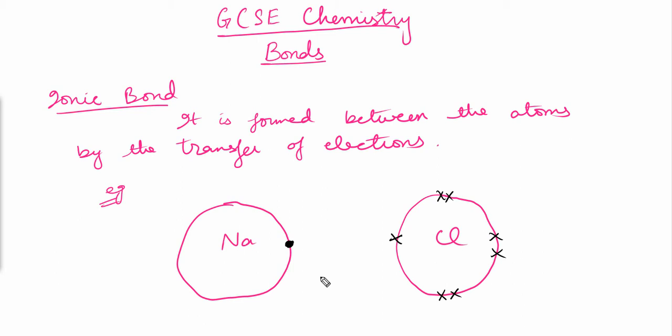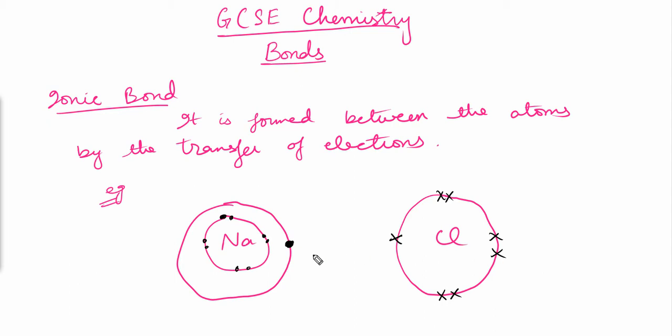In this one we have 1 electron in the outermost shell of sodium, but there is an inner shell of sodium that has 8 electrons. 1, 2, 3, 4, 5, 6, 7, 8. So over here sodium is not stable, neither is chlorine.